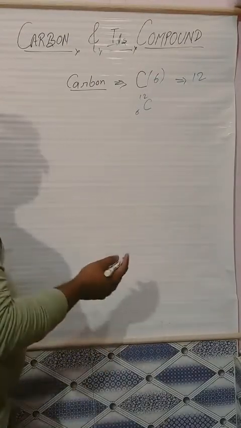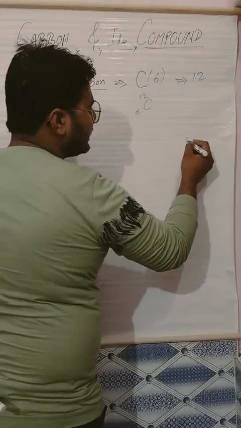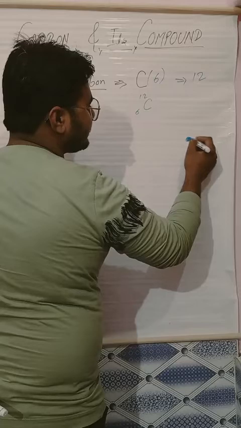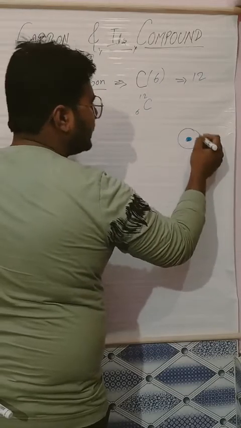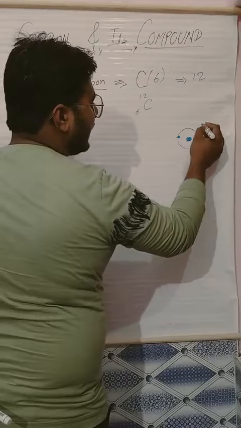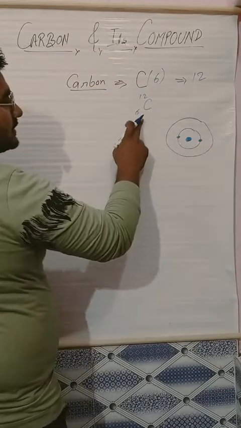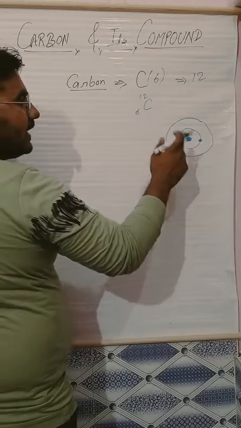Now when we will take out the valency of this carbon, we'll have to make it like a nucleus, then after duplet. This is the duplet. After that, next cell, how many electrons are remaining? 6 electrons are there, so 2 are already made.